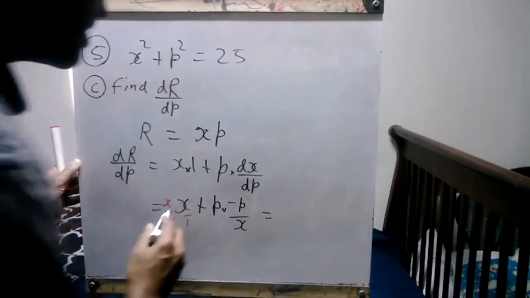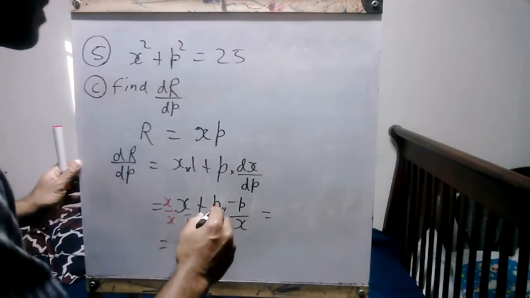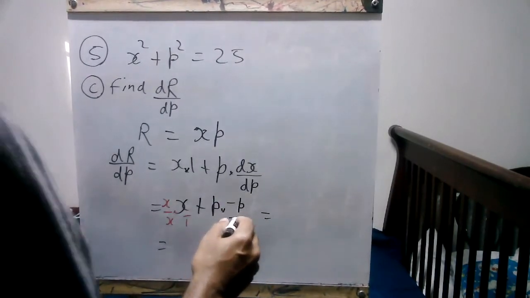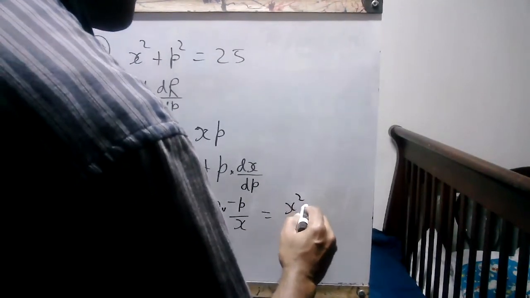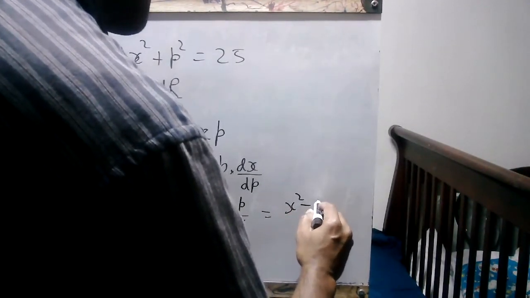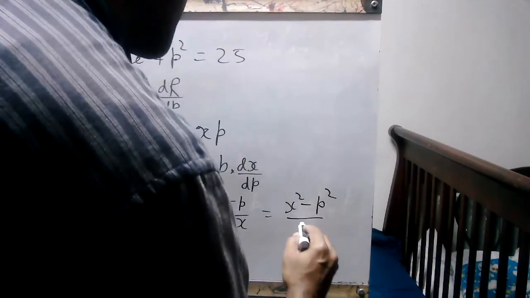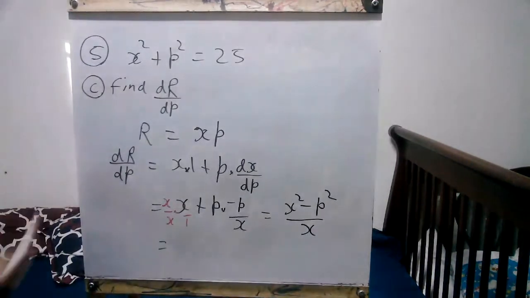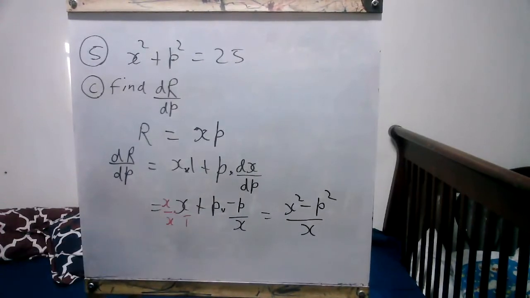Write it here, x square over x, minus p square over x. So x square minus p square over x.